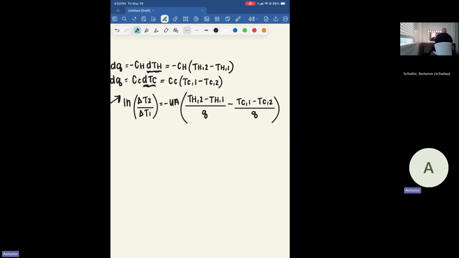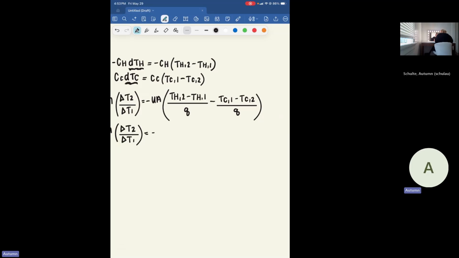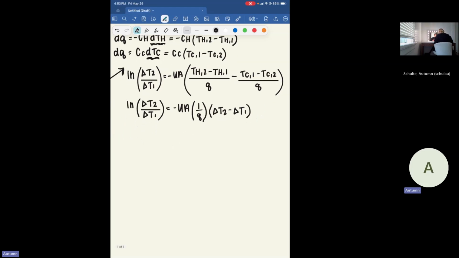Now, if we take Q out of our equation, what we're going to be left with is the natural log of the change in temperatures at position 2 divided by the change in temperatures at position 1, equal to negative U, our overall heat transfer coefficient, multiplied by the area, multiplied by 1 over Q, multiplied by the change in temperature at position 2 minus the change in temperature at position 1, so delta T2 minus delta T1.